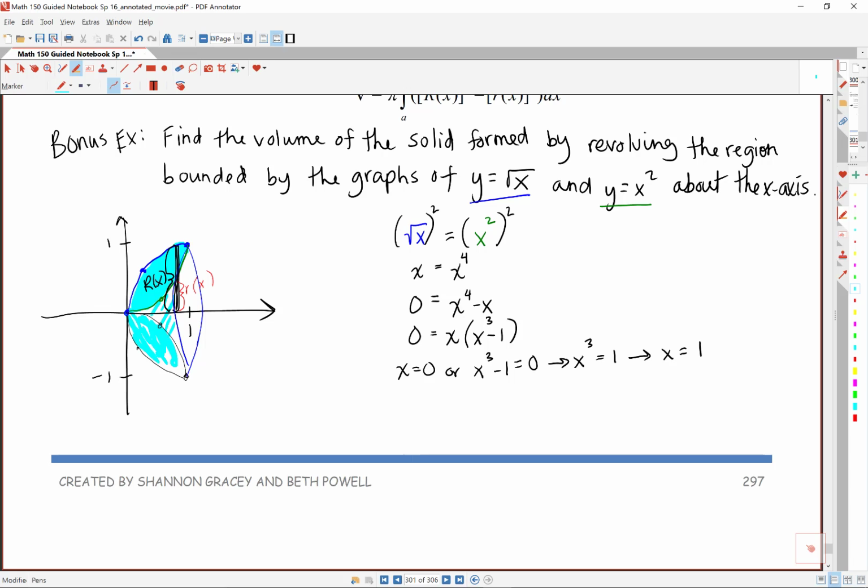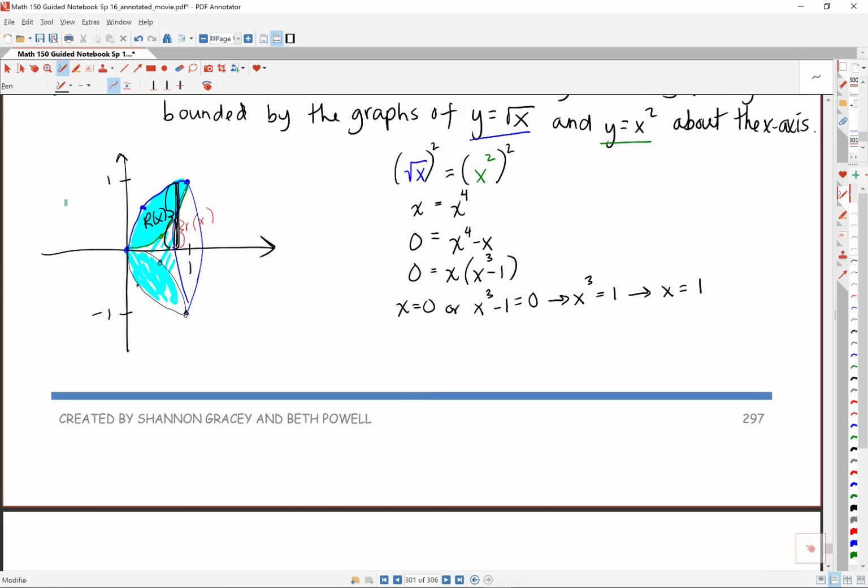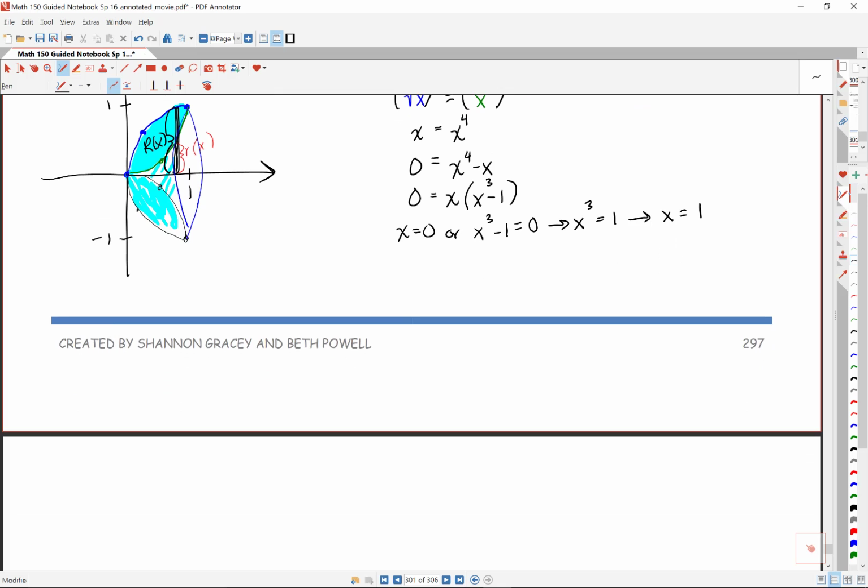Okay, so let's label everything now. Remember that our capital R of x is going to equal what? The blue graph, right? And the blue graph was root x. And our little r of x is going to equal, beautiful, x squared.